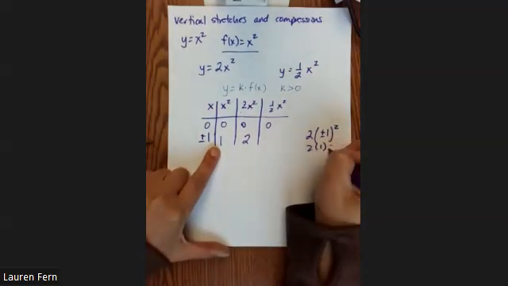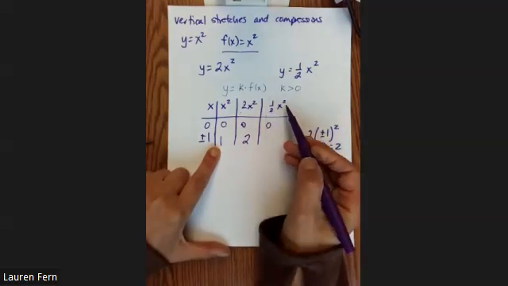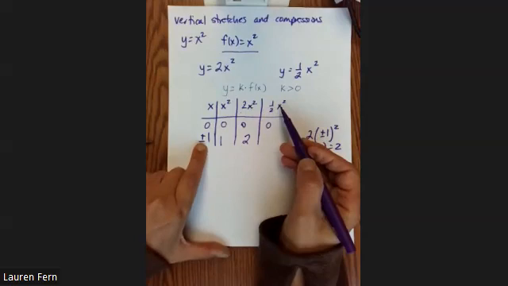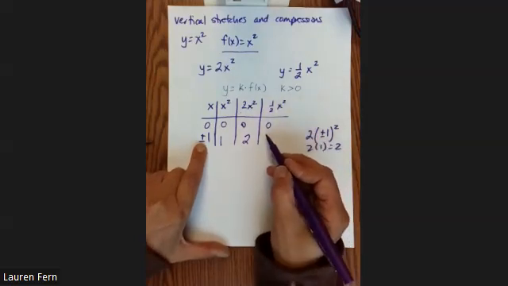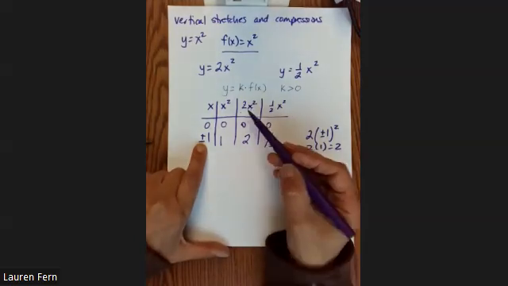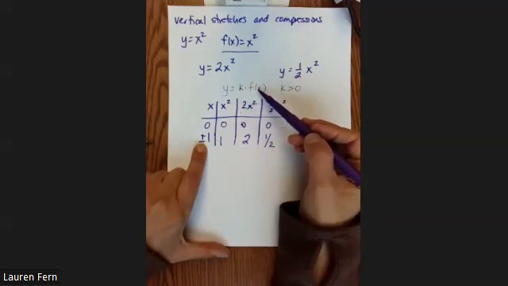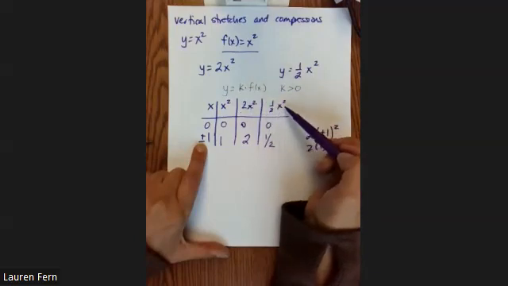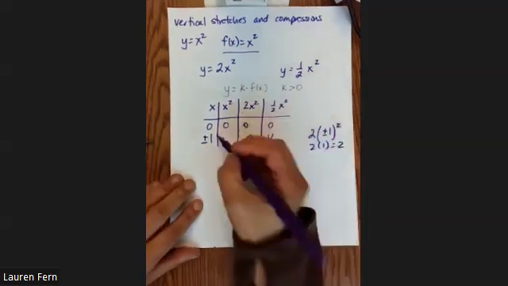So that's 2 times 1 or 2. What if I take half of 1 squared? What comes out here? Don't I get 1/2? Notice I'm just taking 2 times whatever my function value is. And in this case, 1/2 times my function value.